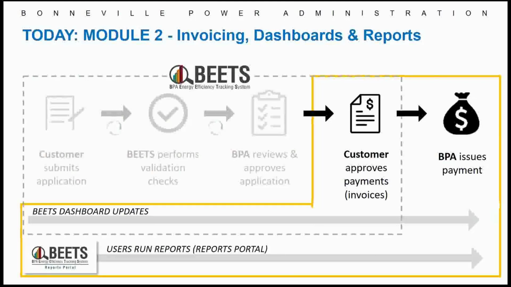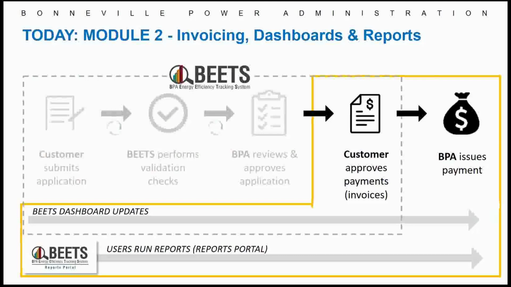At the bottom of this chart, you see we've got the BEETS dashboard updates and the user run reports. As you're going through the flow across the top of the chart, the dashboard is going to get updates from the system and provide you some status of your applications. Then in a nightly process, most of the data from BEETS gets replicated into a reporting environment that we call the reports portal.